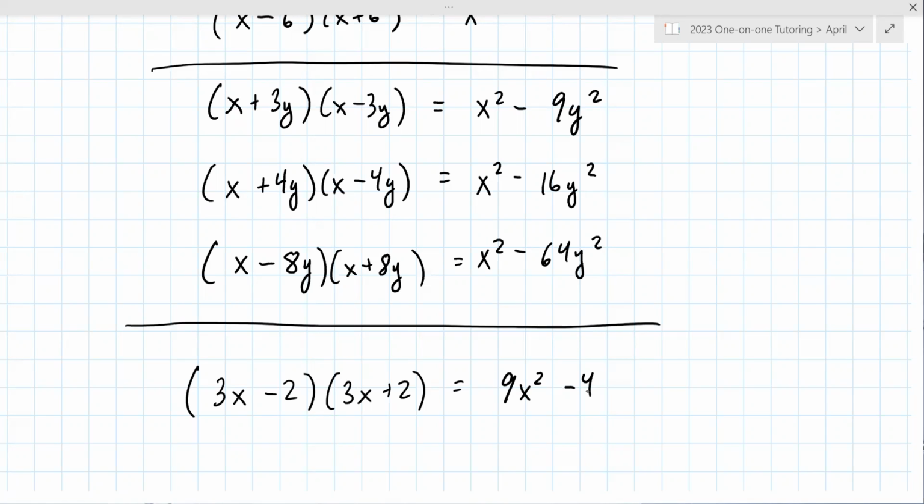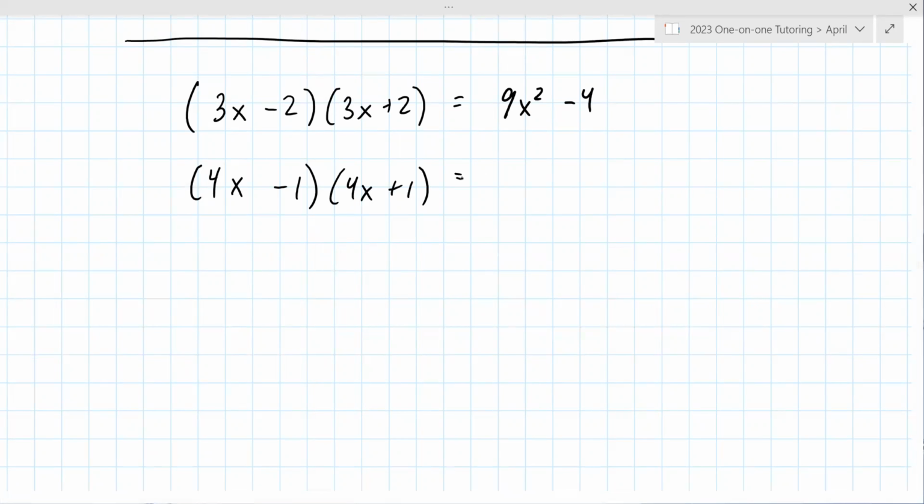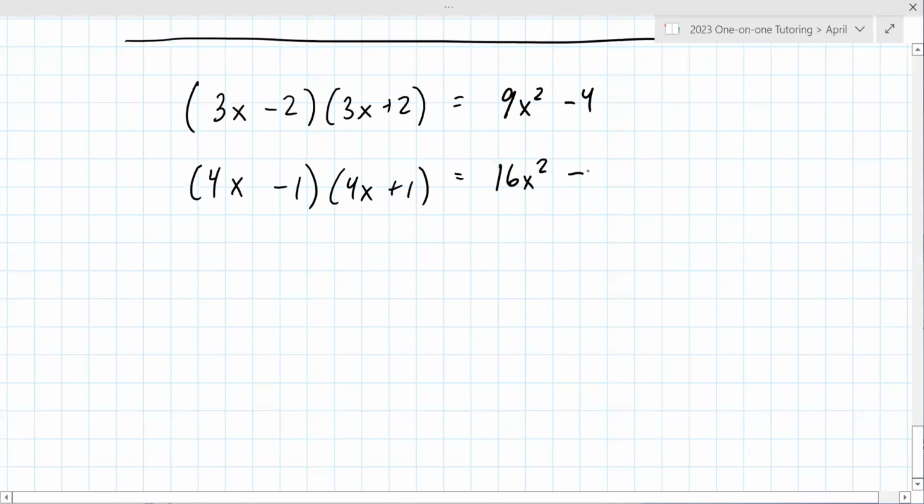All right, so let me give you one more to try here. Sorry for the delay. Let's go 4x minus 1, 4x plus 1. That would be 16x squared minus 1.